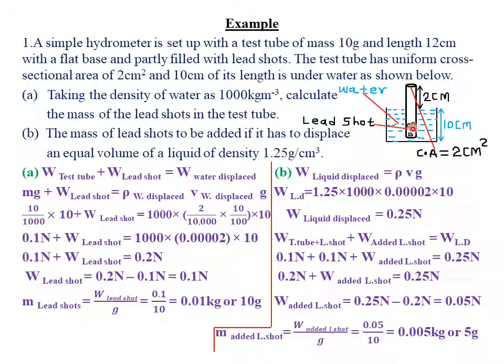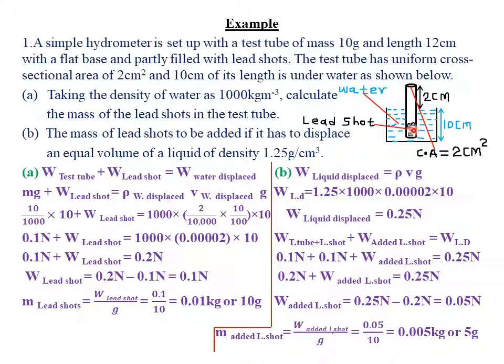So for us to find the mass of the lead shots in that particular test tube, we shall first of all note that, because this test tube is floating in water, it simply means that the upward and the downward forces are balanced. Of course, the downward force will be the weight of the test tube plus the weight of the lead shots.